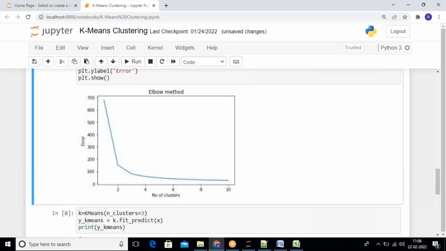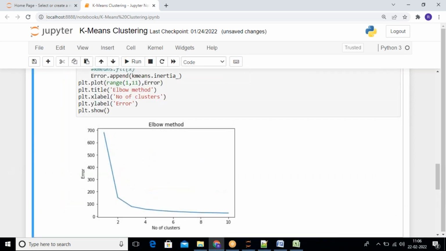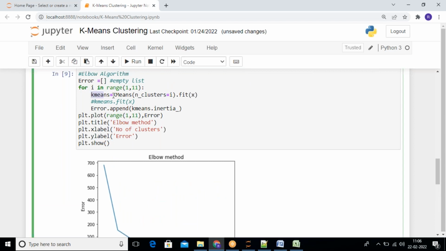So I have fitted the X. Now inside the append method, kmeans.inertia_. I told you what inertia is. The inertia is appended inside this list 10 times.